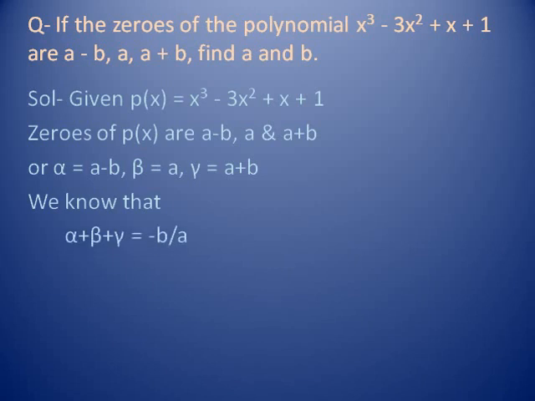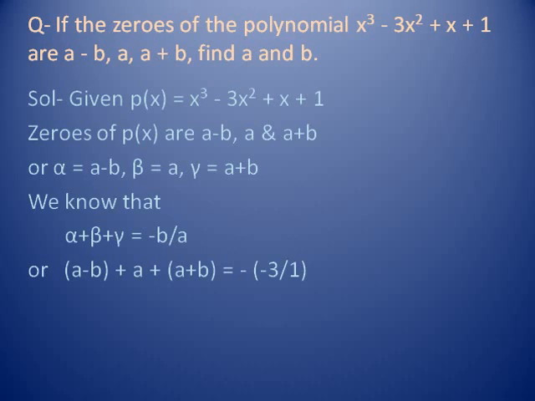So substituting the values, a minus b plus a plus b, we have added all the 3 zeros, then minus is outside the bracket and the value of b is minus 3, as you can get from the polynomial. The coefficient of x square is minus 3, so we have written minus 3, and the coefficient of x cube is 1, so the denominator is 1.